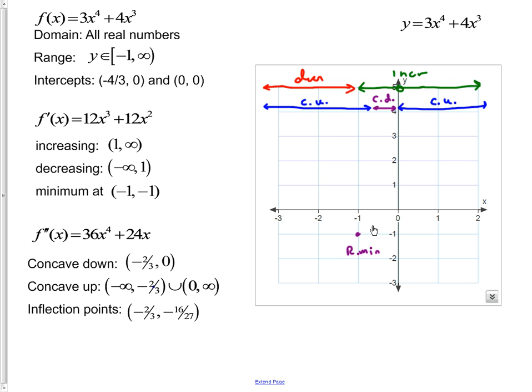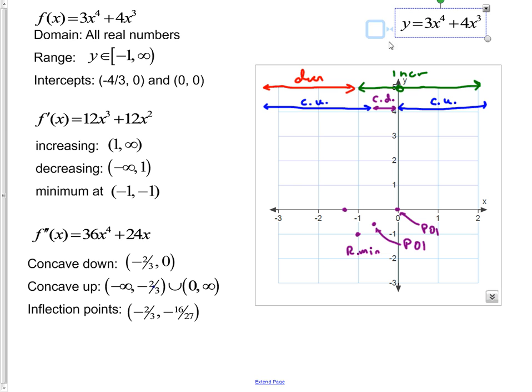I'm going to put that right about here as our point of inflection. And at 0, 0, that's a point of inflection, but it's neither a maximum nor a minimum. And we said that the graph would pass through the points negative 4/3, which is about negative 1 1/3, and 0.